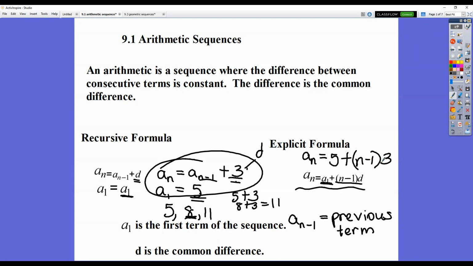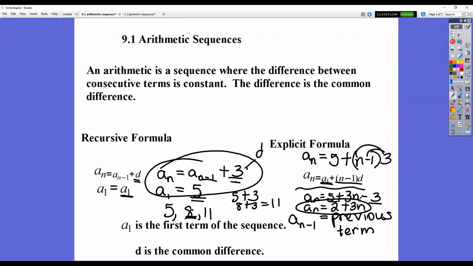And I could simplify this. I could distribute, and then add like terms. So then my explicit formula would be 2 plus 3n.